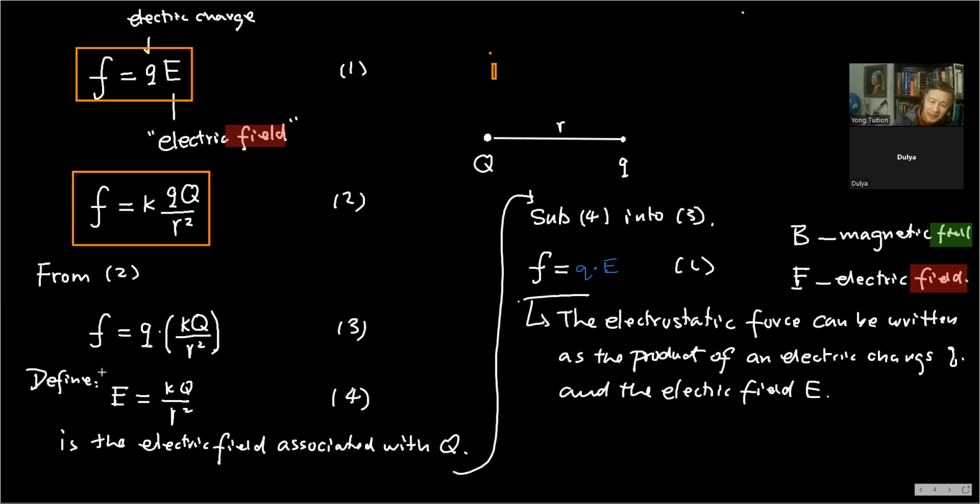So this formula is for the electrical field of a point charge, which is also a vector. So the electrical field is also a vector, like a force. It has a direction, and it also has an amplitude.